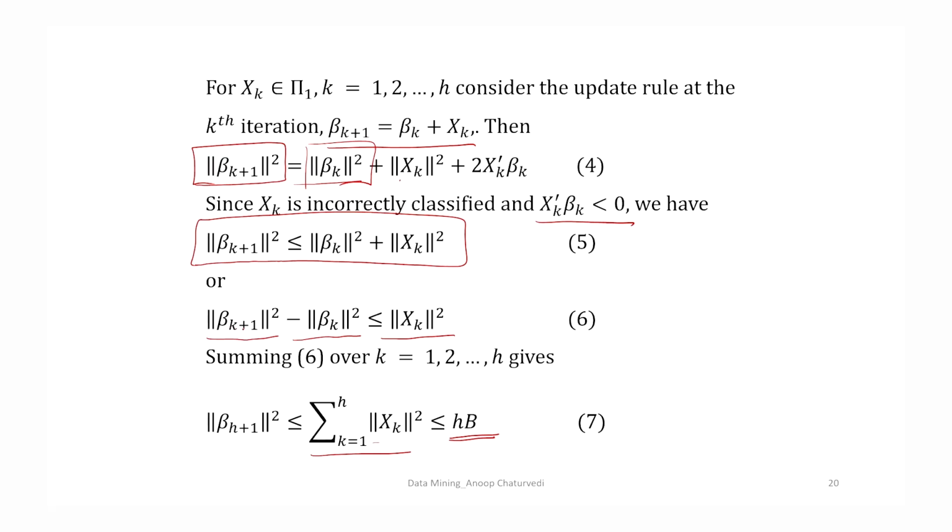Norm of beta 3 square minus norm of beta 2 square. For k equal to 1, what you get? Norm of beta 2 square minus norm of beta 1 square. So, norm of beta 2 square will cancel out. This is how we can simplify this expression, and then ultimately you get this equation.